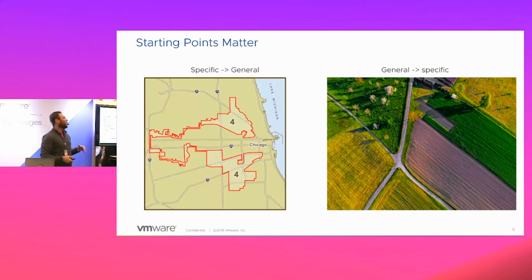Okay? So why do starting points matter? So again, I like pictures. If I start specific and eventually get general and zoom out, I get this. I get the gerrymandered as heck district map of Chicago, right? If I start general and get specific, what do I get? Well, it looks a lot like when I used to fly from Denver to San Francisco all the time, and I'd see fields across Colorado and parts of the West, right?